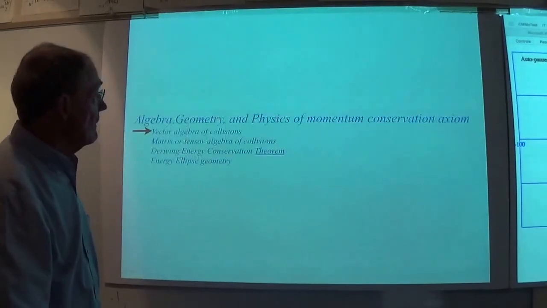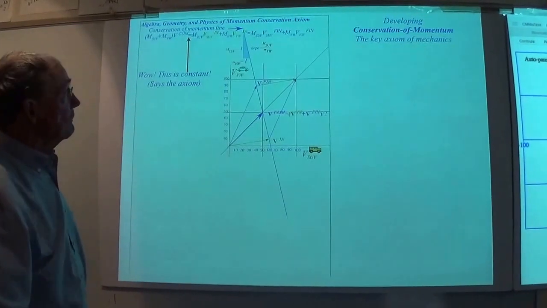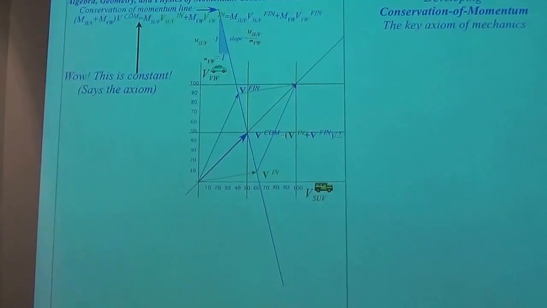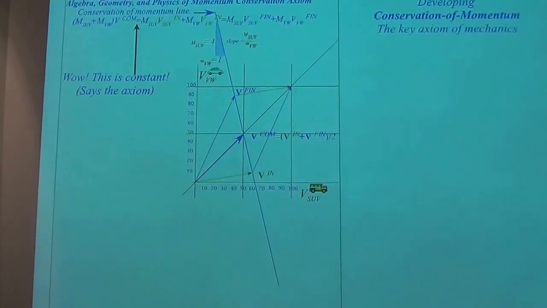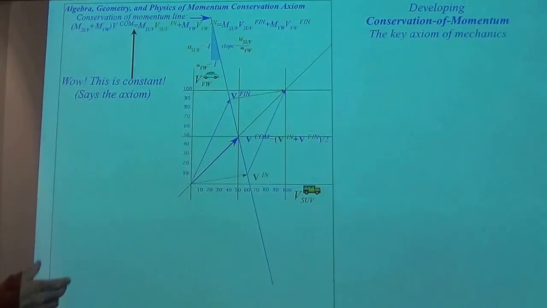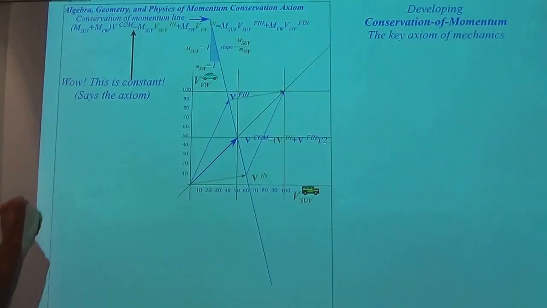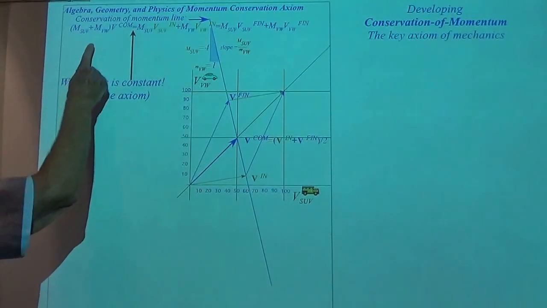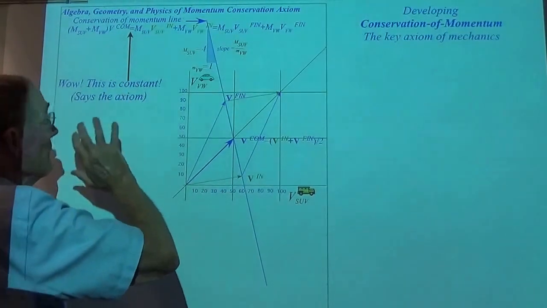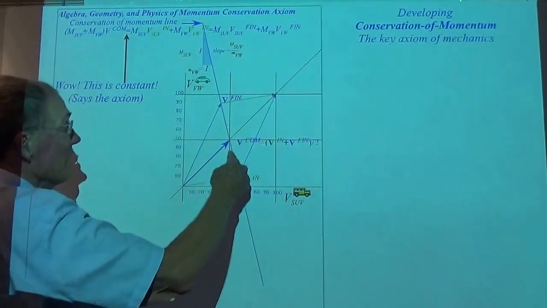But right now, it's the geometry and algebra of this that I really want you to see. This is what's going to introduce us to the geometry of Lagrangian and Hamiltonian mechanics. So let's do the algebra. That's very standard. The axiom that we have, conservation of momentum, means conservation of anything on this line.